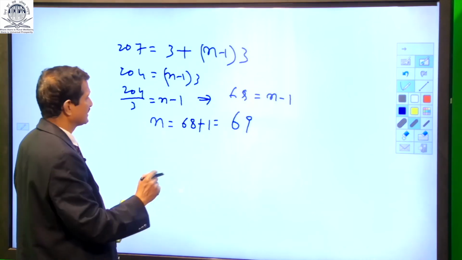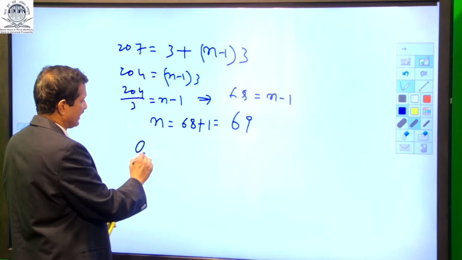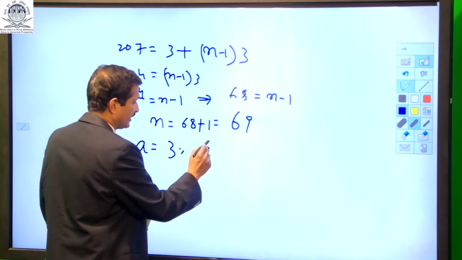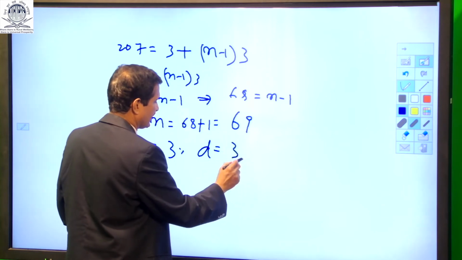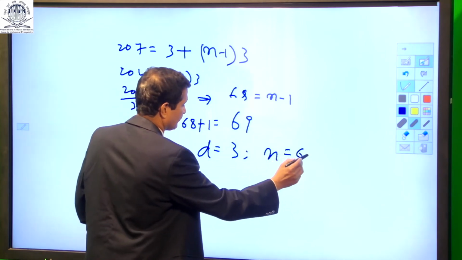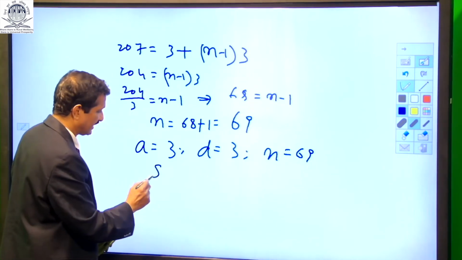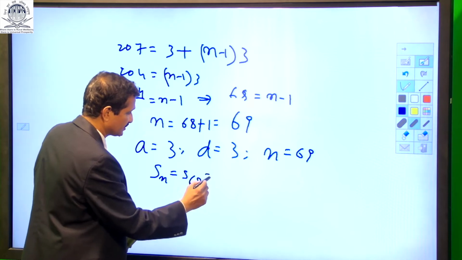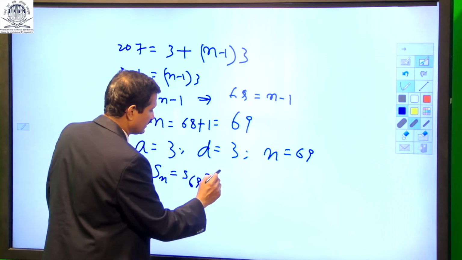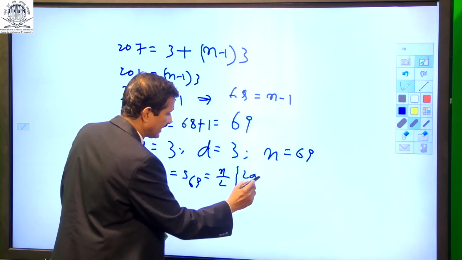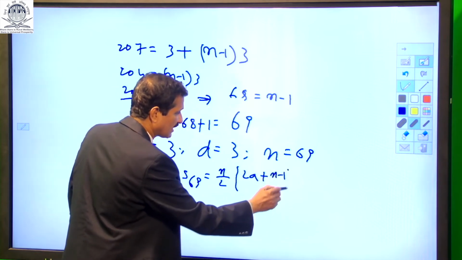The sum of all the series is, now your a, the initial term, is 3, d the common difference is 3, and n is 69. So, we have to find Sn or S69, which is equal to, the formula is n by 2 into 2a plus n minus 1 d.